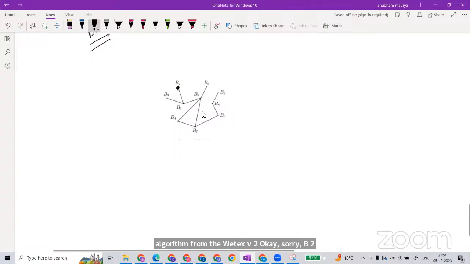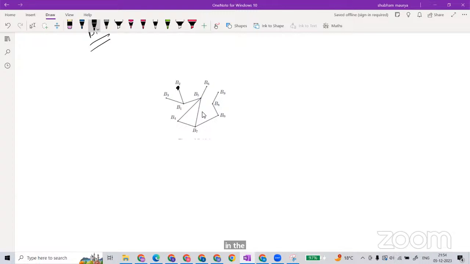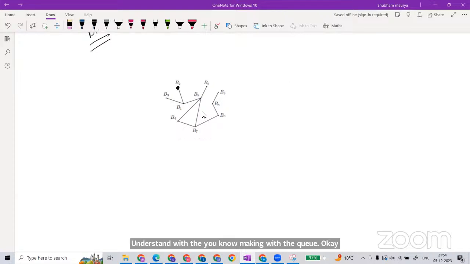Now what is that algorithm? The Q and other things we'll see later. Let's see first what it does on the graph, then it will be very easy to understand with the Q. What the Q is and what the label is, we will easily see. First let's do it on the graph.